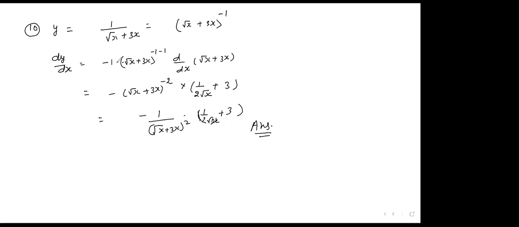Since it is -2, it can be taken as reciprocal with positive exponent. And 1 over 2√x plus 3. This is the answer.